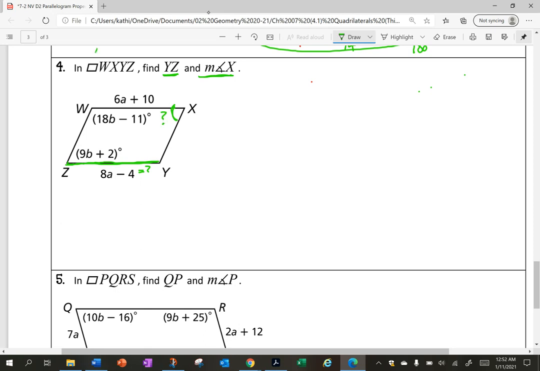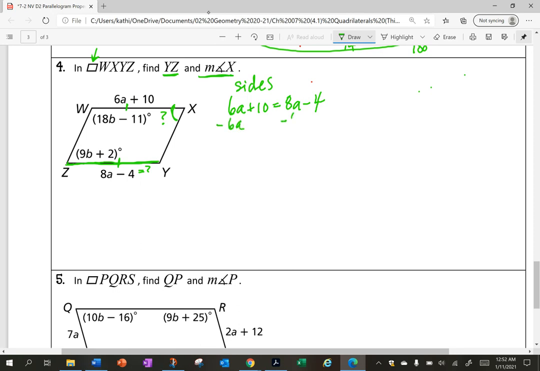Okay, so since I have a parallelogram, I know my opposite sides are congruent. So I can set up one equation with the sides and say that 6a plus 10 equals 8a minus 4.